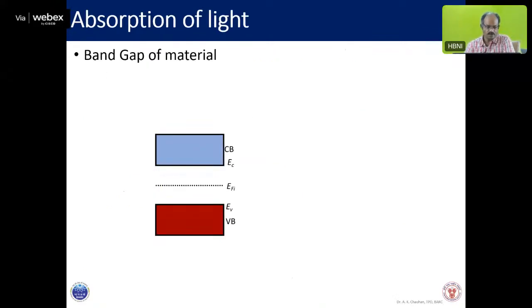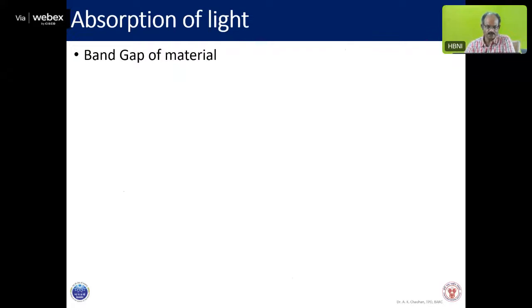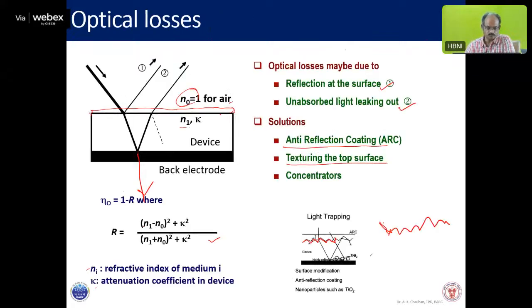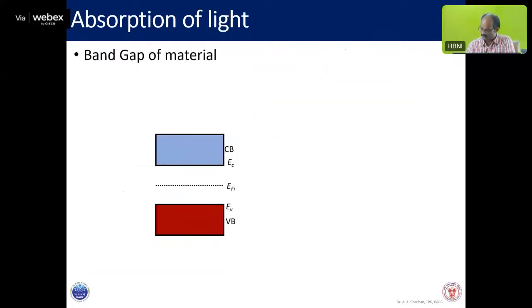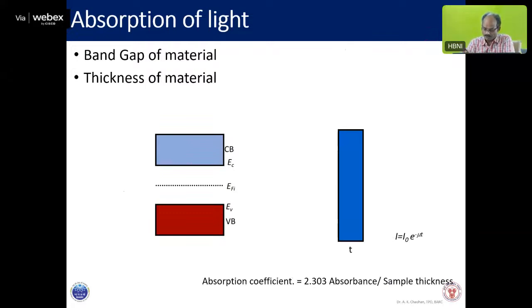Now, what are the parameters? One is the reflection. Now, once light enters inside the material, how much of it will be absorbed? It depends on the band gap of the material. And the next thing is it depends on the thickness of the material.